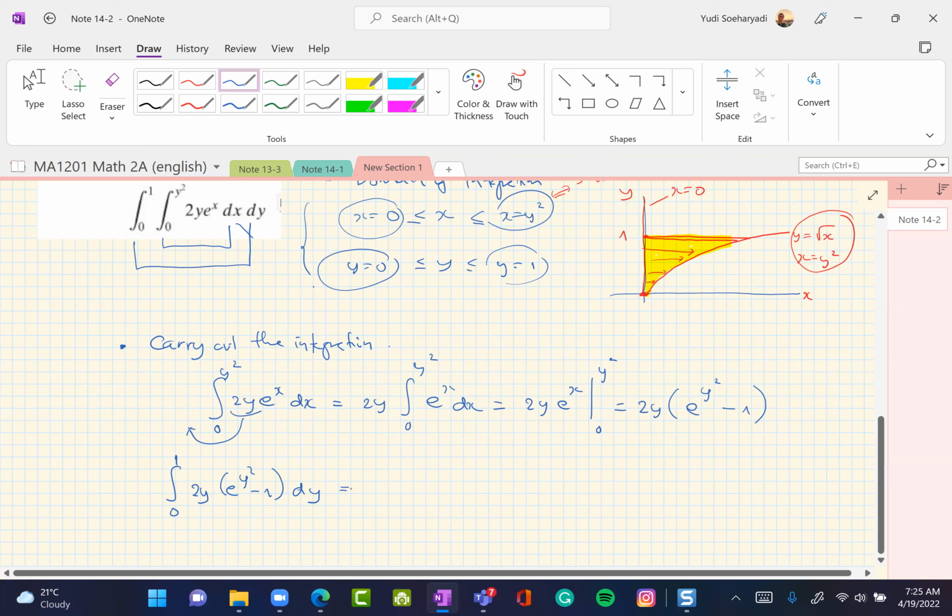This one is easy because 2y actually comes from the derivative of y squared, exactly the derivative of this. So substitution. This just gives you e to the y squared. Okay, plug in 0 and 1.